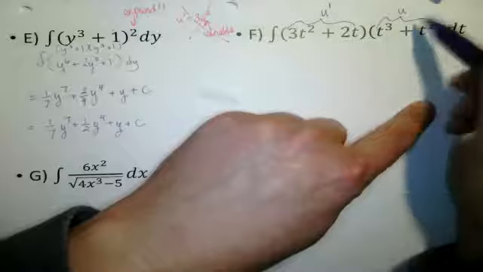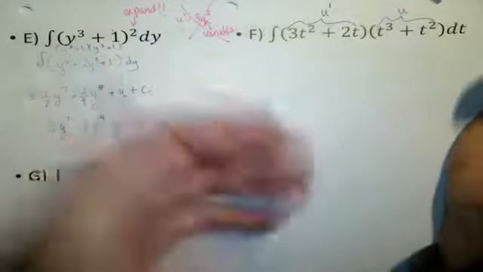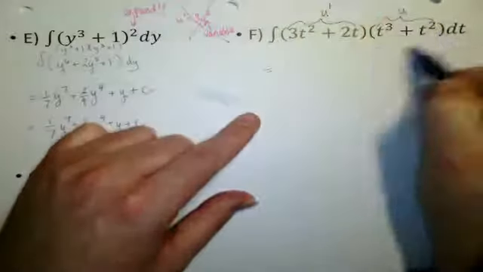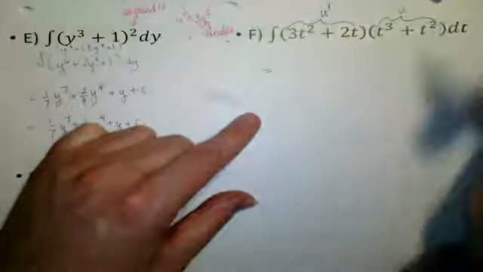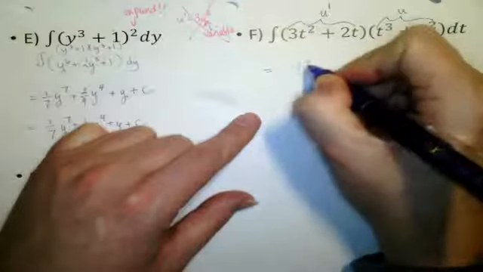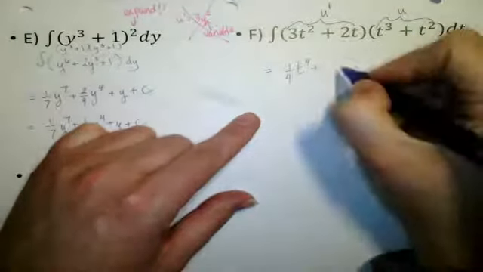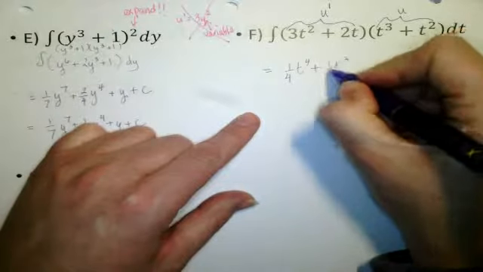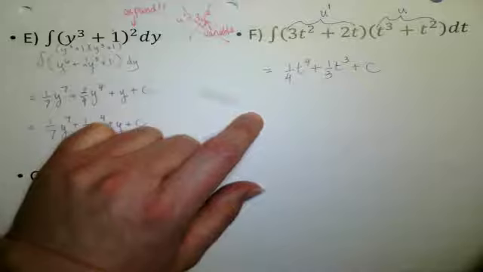So I have the mother function and its baby. So if I want to find the integral of this, all I have to do is integrate the mother. So increase the power and divide by the 4 there. Increase the power, t cubed. Don't forget your constant of integration.